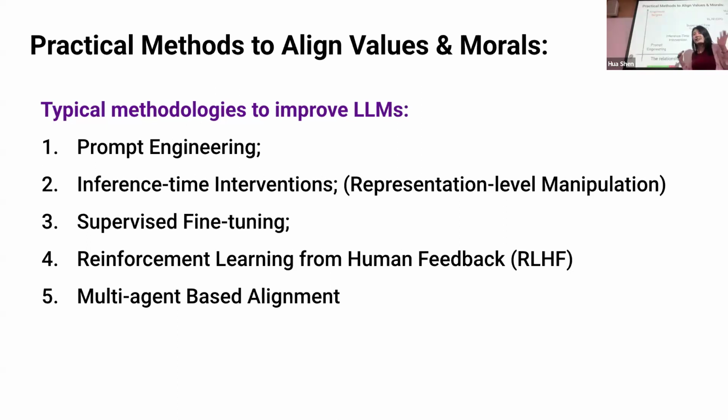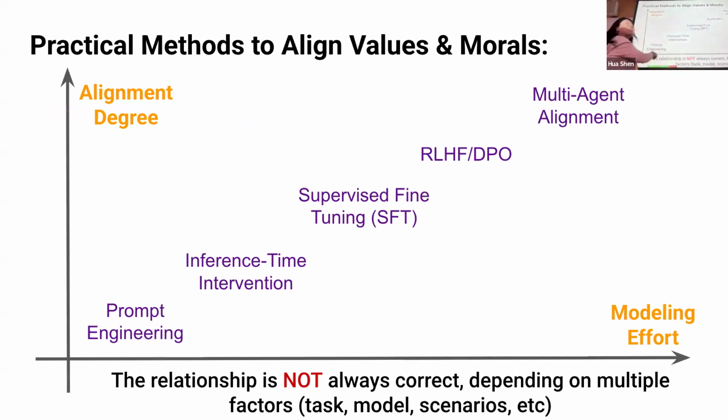I plotted this figure, which, as I claimed here, the relationship is not always correct, depending on multiple factors, such as what task we are using, what models we are using, and what the specific scenario is. But overall, I think the relationship could represent that the x-axis is modeling effort, meaning how much effort you need to put into these alignment techniques.